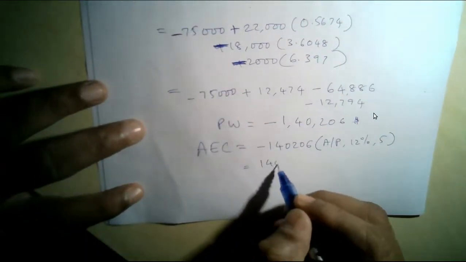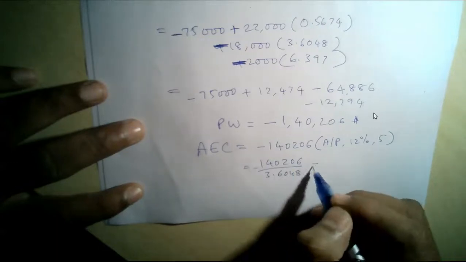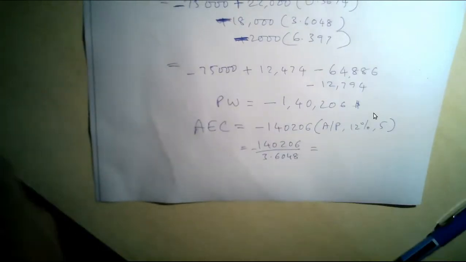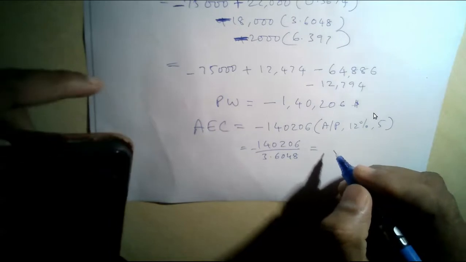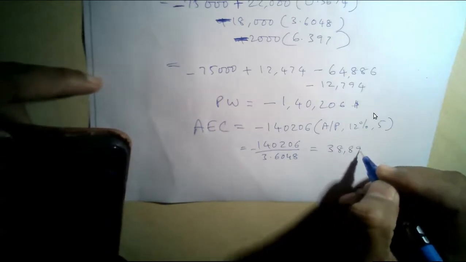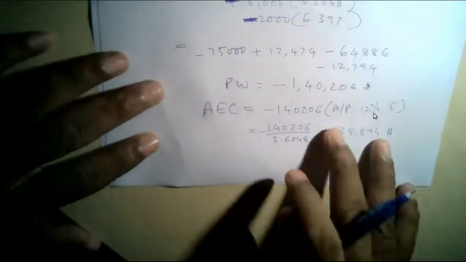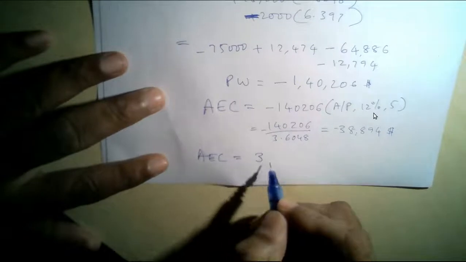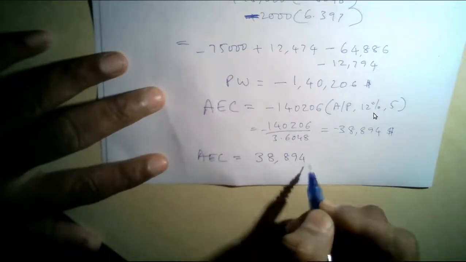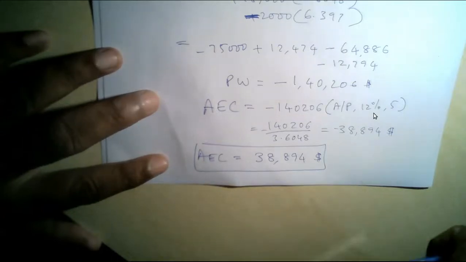So 140,206 divided by 3.6048 with a minus sign. My calculator says it is 38,894 dollars, with a minus sign. But since it is annual equivalent cost, AEC, I can simply ignore the minus sign. So this is the final answer to the question.